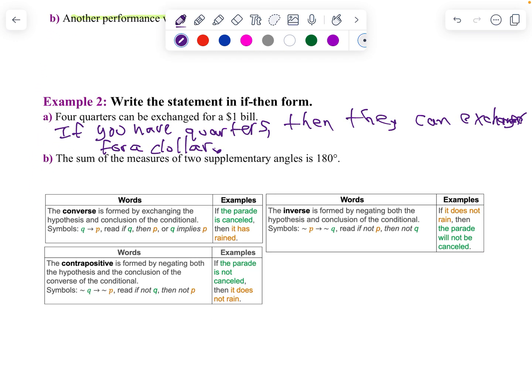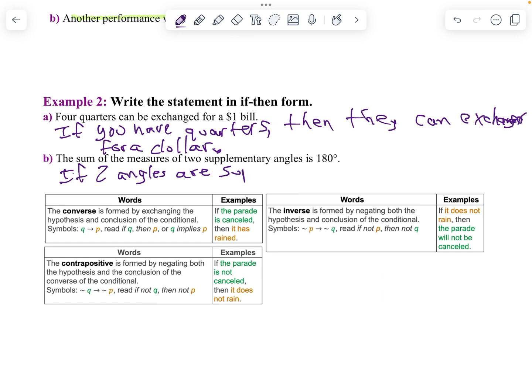The sum of the measures of 2 supplementary angles is 180 degrees. So we're going to say if 2 angles are supplementary, then they sum to 180.